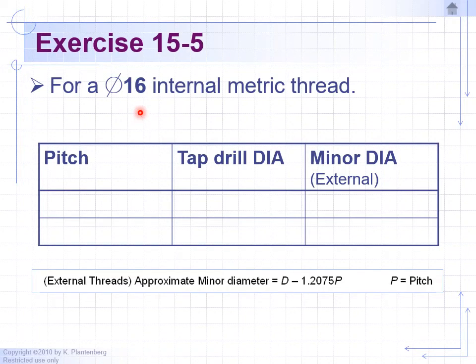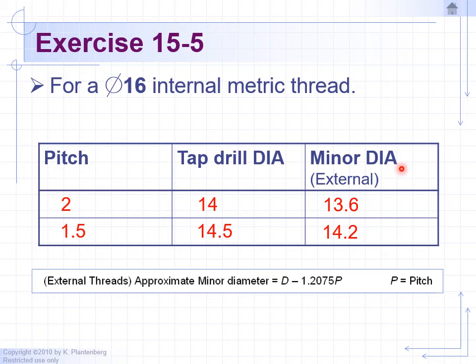And quickly, just to review from the previous slide, we were looking at a 16 millimeter diameter thread. The pitch for coarse is 2, for fine is 1.5. So as you can see here, the threads are tighter together than the coarse thread. And for the tap drill sizes, for coarse thread we would go with 14, and for fine thread we would go with 14.5 millimeter tap drill diameter.